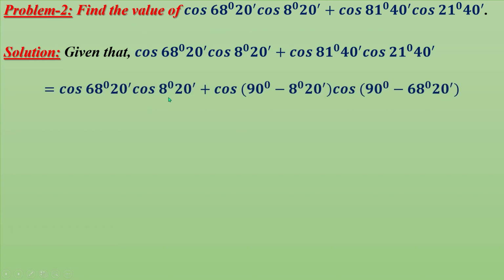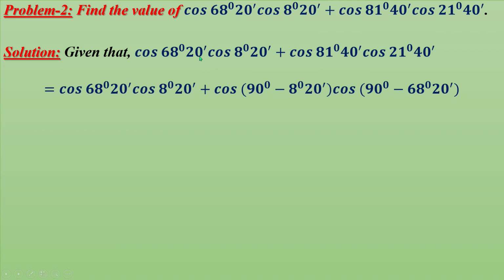and the first is fixed. Here cos 81 degree 40 minute equals, we can write, 90 degree minus 8 degree 20 minute, because here 8 degree 20 minute is given. So for making this, we can subtract from 90 degree. And here cos 21 degree 40 minute. 21 degree 40 minute means 90 degree minus 68 degree 20 minute.